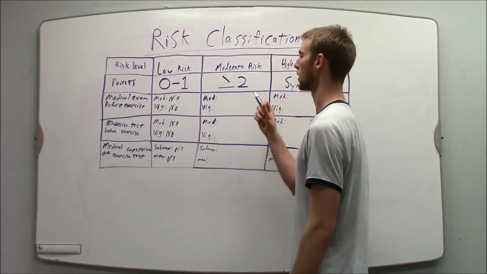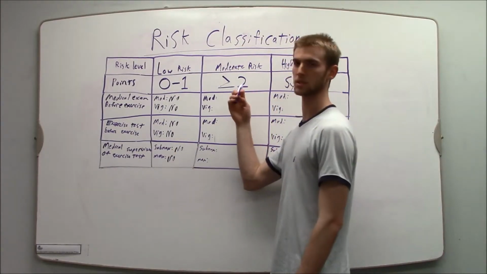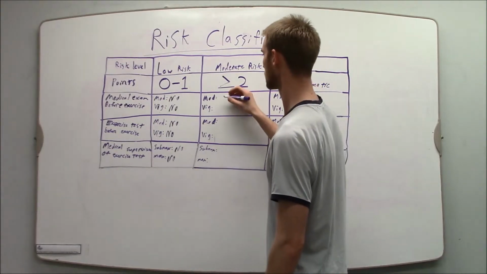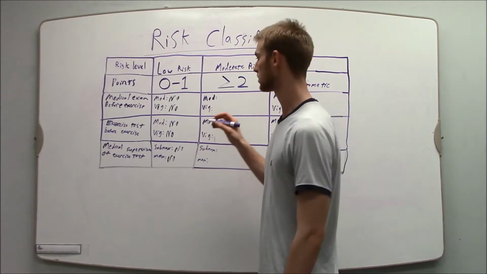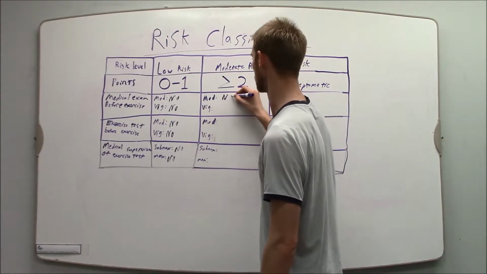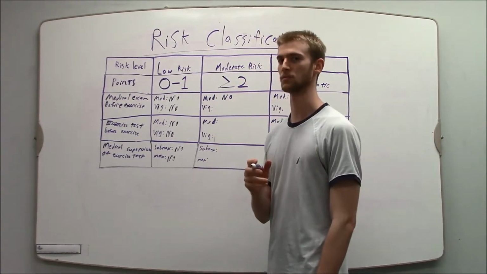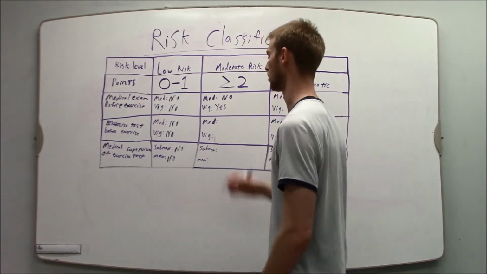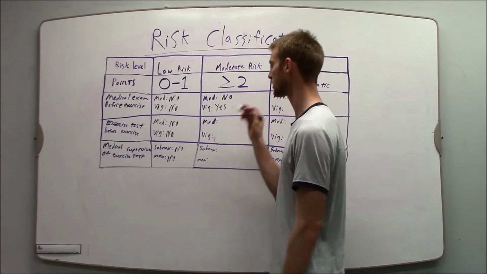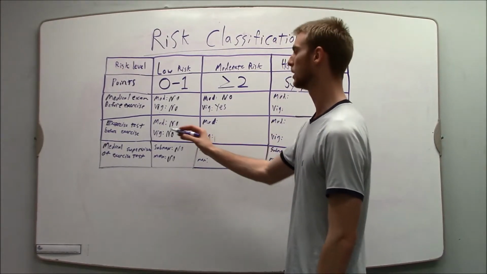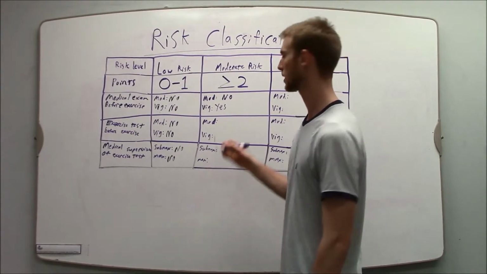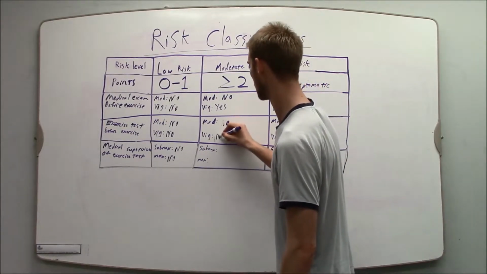So, if they are moderate risk, so they got 2 or higher, then medical exam before exercise. If it's moderate exercise, they don't need a medical exam before exercise. But if it's vigorous, then they do need a medical exam before they exercise. That's the only yes that's going to be on here. So, do they need to have an exercise test done before they start exercising? No, doesn't matter if it's moderate or vigorous.